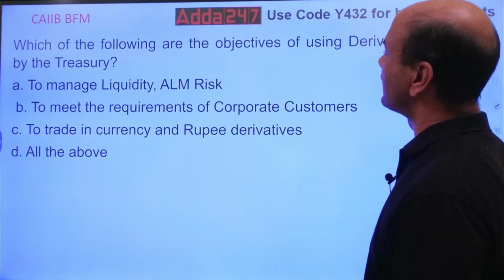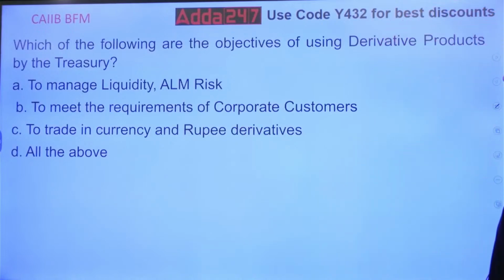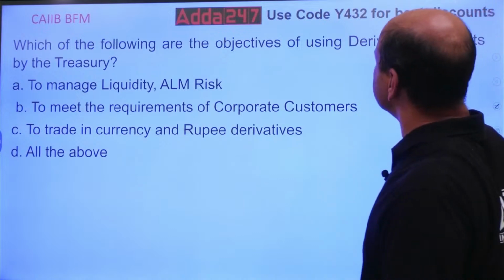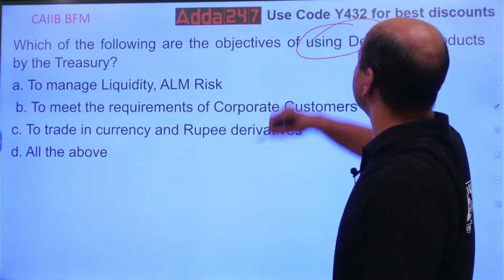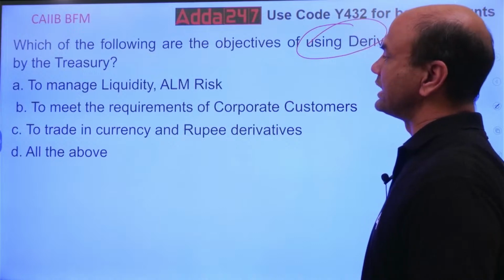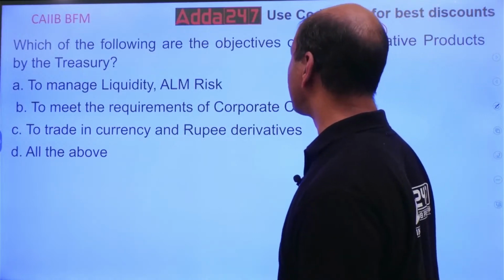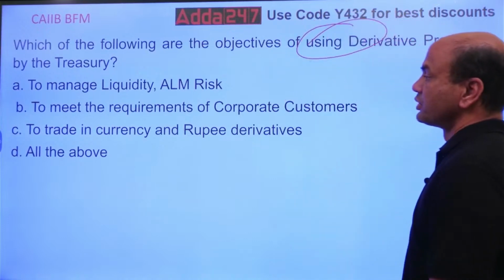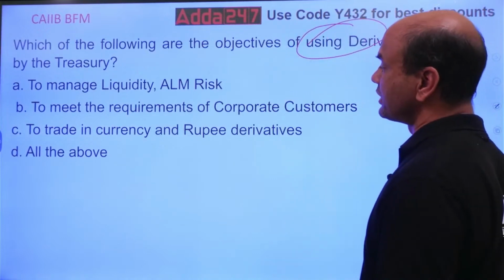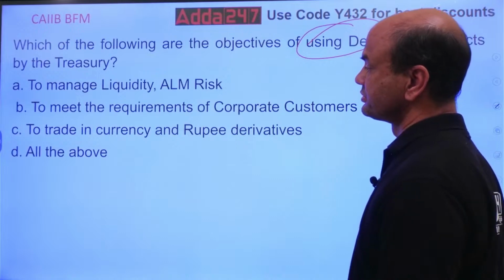Which of the following are the objectives of using derivative products by the treasury? Why do I use derivatives? To manage liquidity and ALM risk, to meet the requirements of corporate customers, to trade in currency and rupee derivatives, or all of the above.